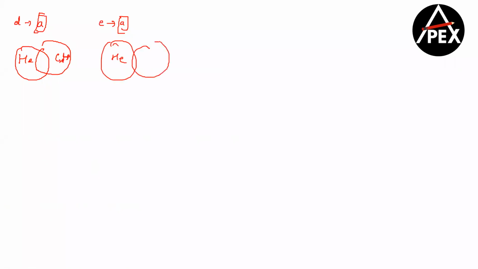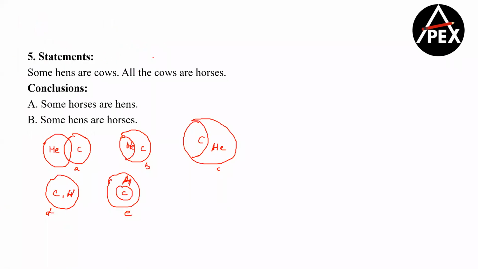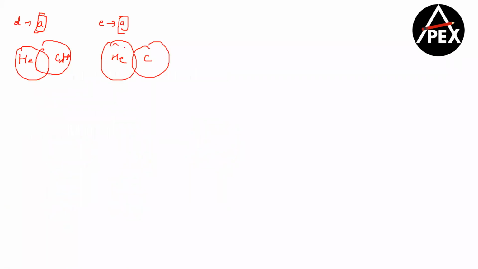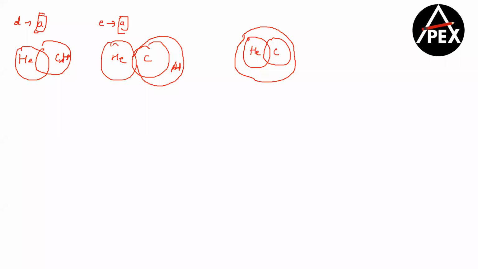HE and C. And how does E look? E looks like H is outside C. So basically maybe something like this is one possibility. The other possibility is HE is here, C is here, and H is over here. Okay.